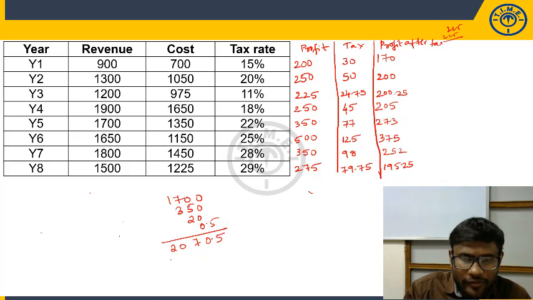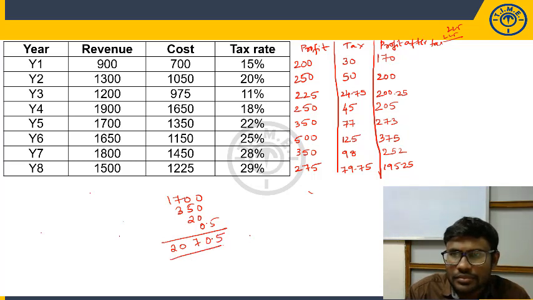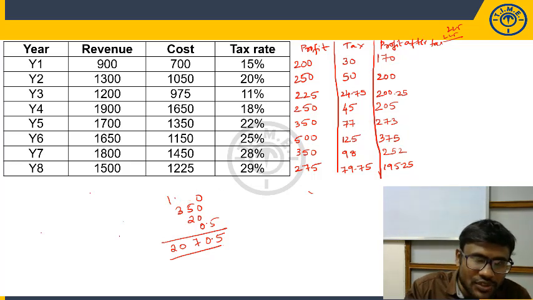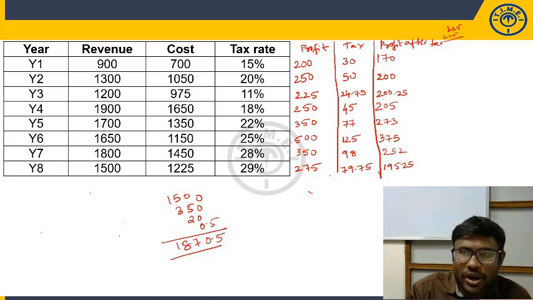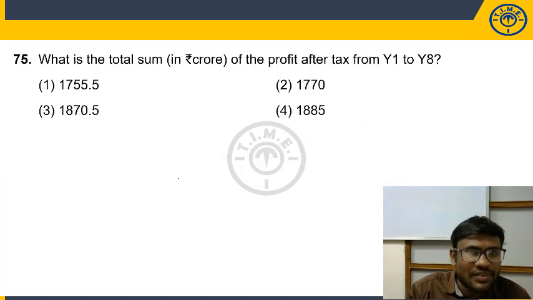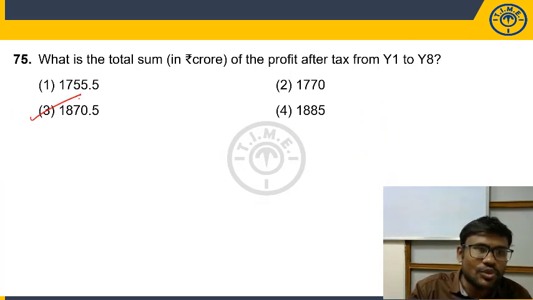Just a minute, I think I've done wrong. 2 plus 1 3, plus 3, 14 plus 1 15, sorry, my bad, it is 15. So 1500, so it is 1870.05. So 1870.05, which option? Option number 3 is your answer.